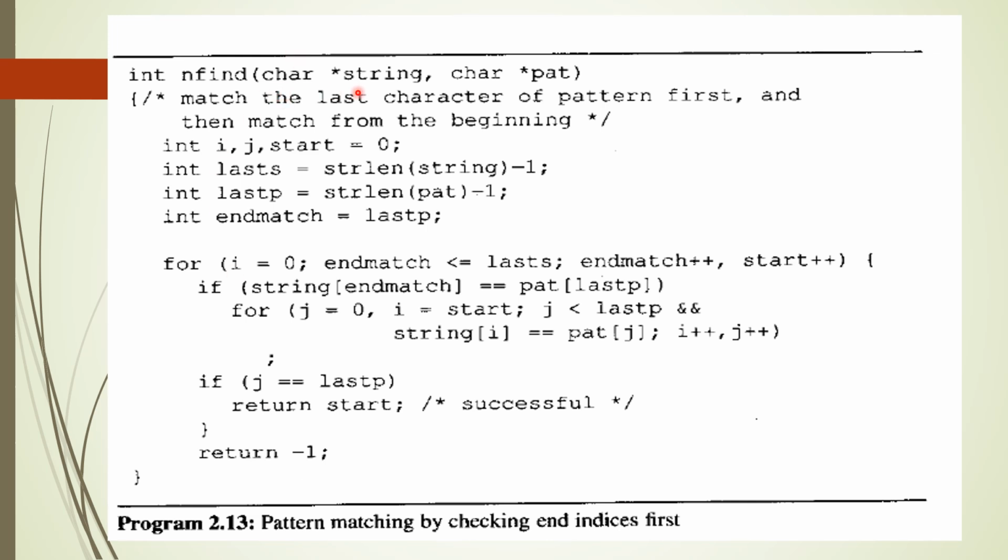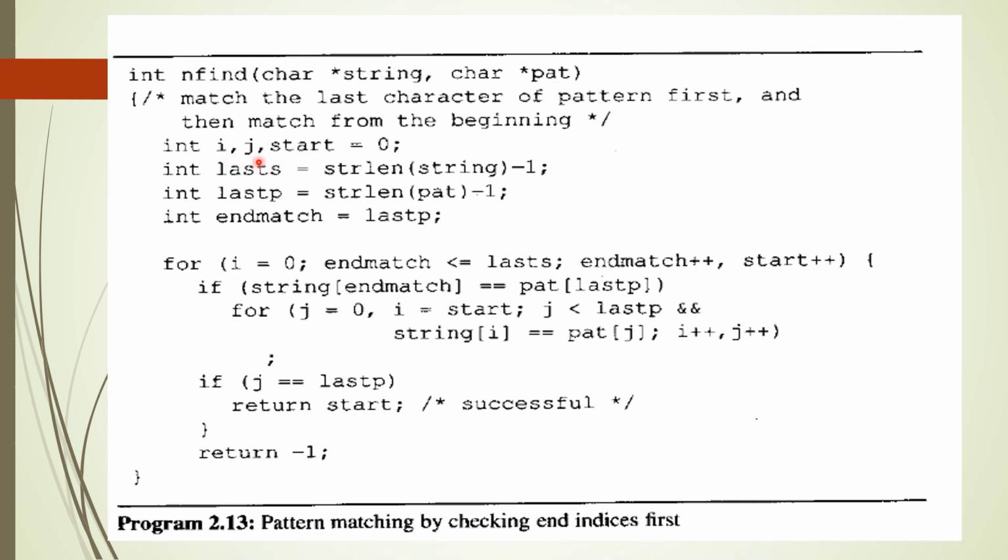The parameters to this algorithm are a text string and a pattern string. Since it is an array, we are passing the address of an array. That's why the variables receiving an address of an array are pointer variables. String is pointing to the text string and PAT is pointing to the pattern string.